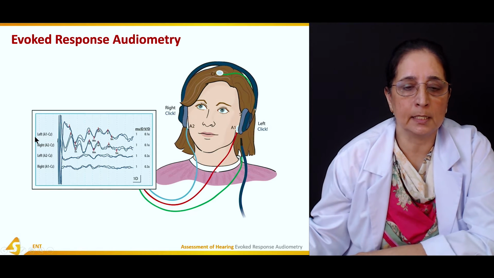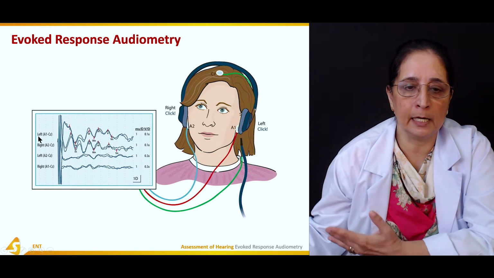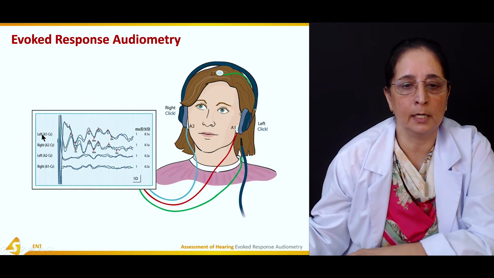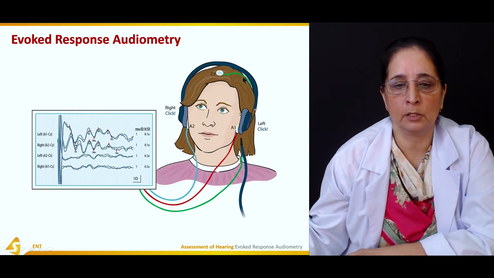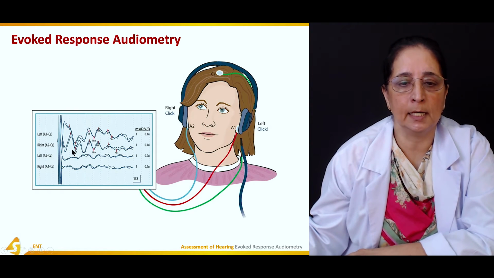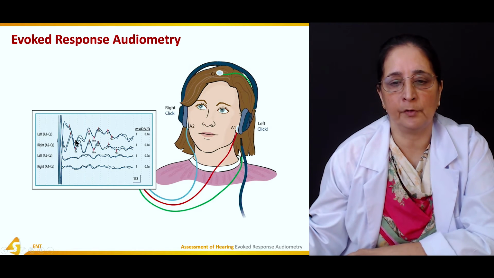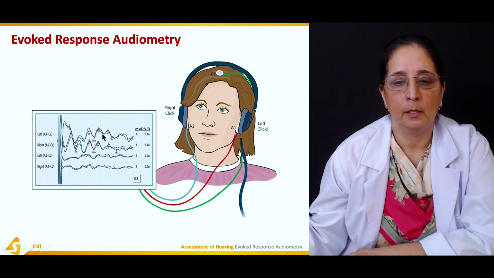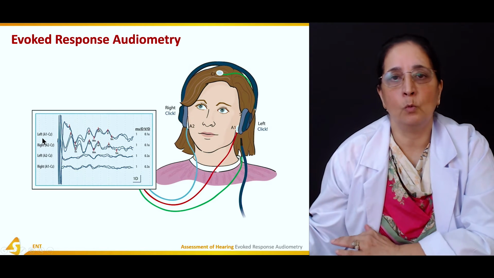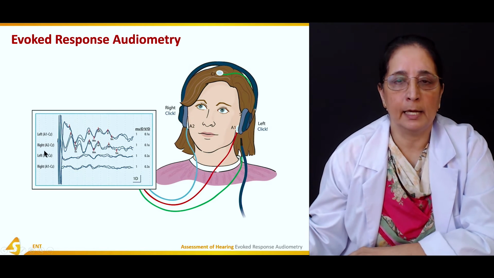On the left side we can have A1 minus CZ, then right A2 minus CZ, and then left A2 minus CZ, and right A1 minus CZ. Those are the four graphs you get, right and left, A1 and A2.